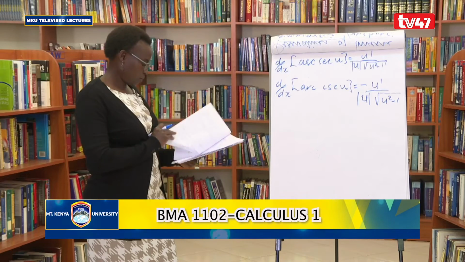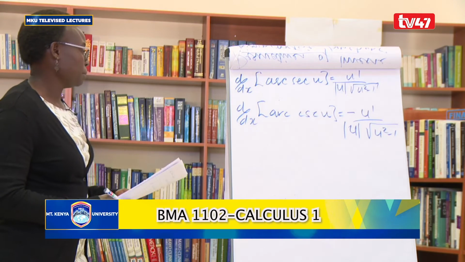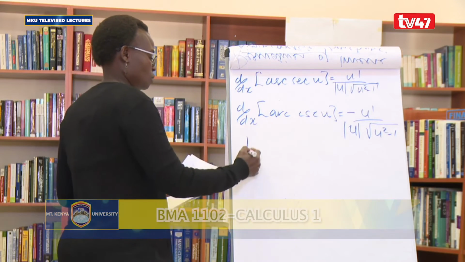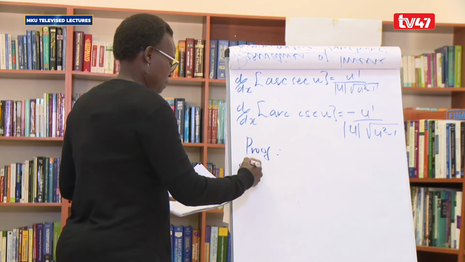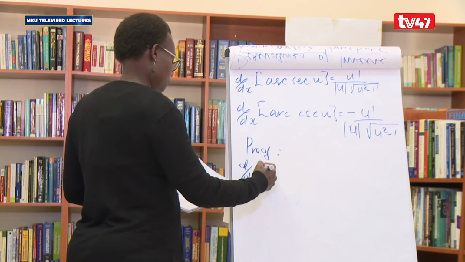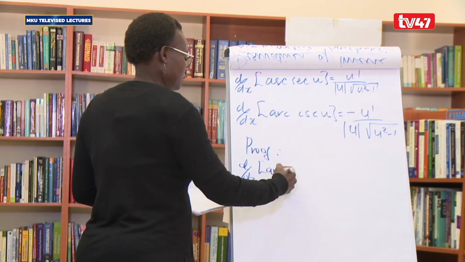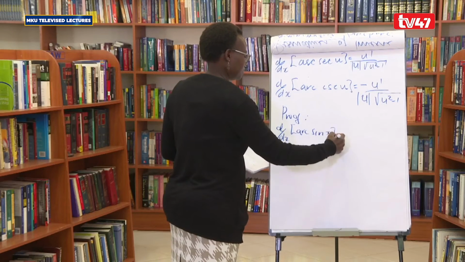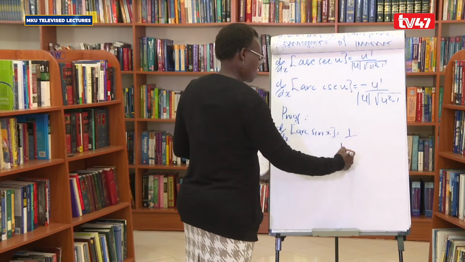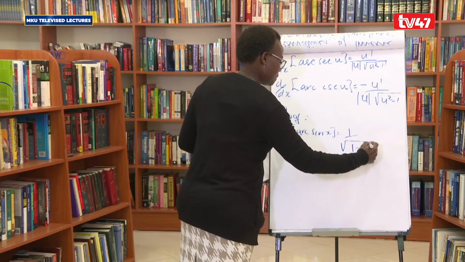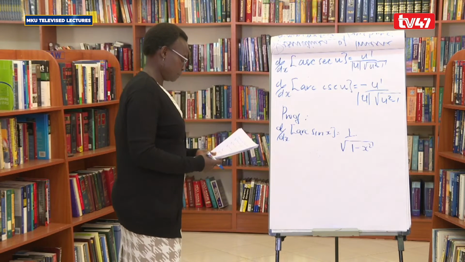Okay, we can prove one of them. So proof, we prove that the derivative of arc sine x is 1 over root of 1 minus x squared.